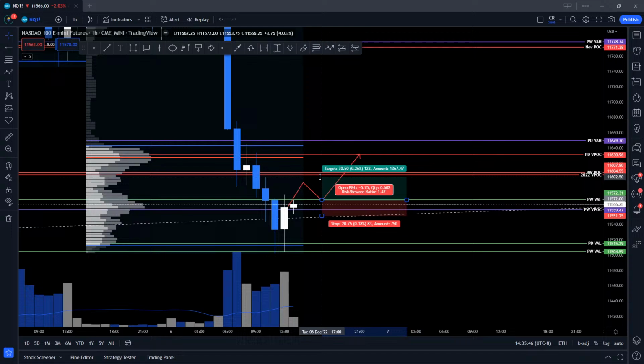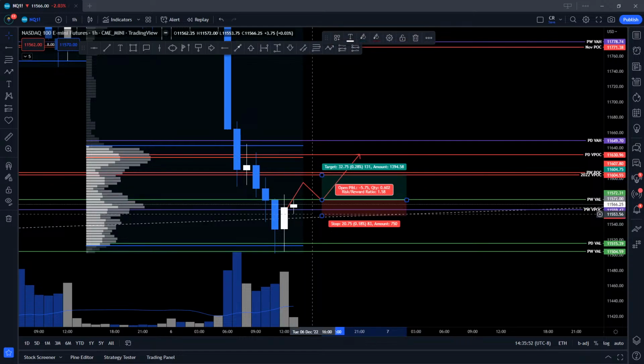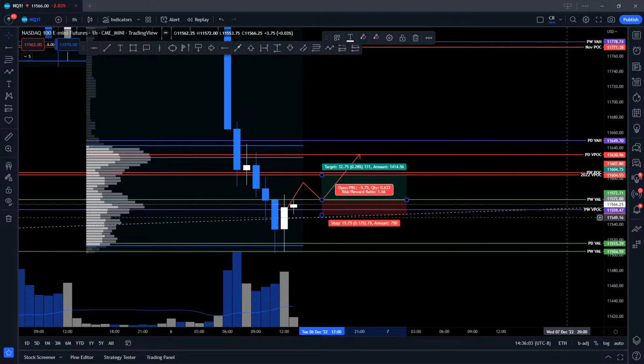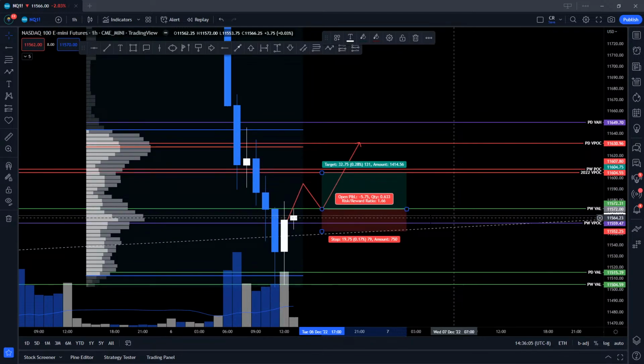And your first take profit is going to be there, which means we don't have enough meat on the bone. I don't know, this one's kind of iffy. You really want to get 2 reward for your 1 risk.